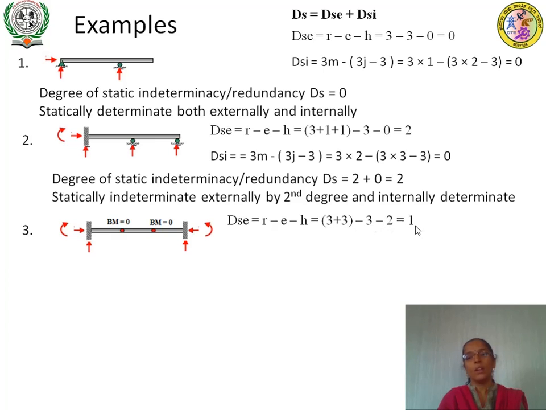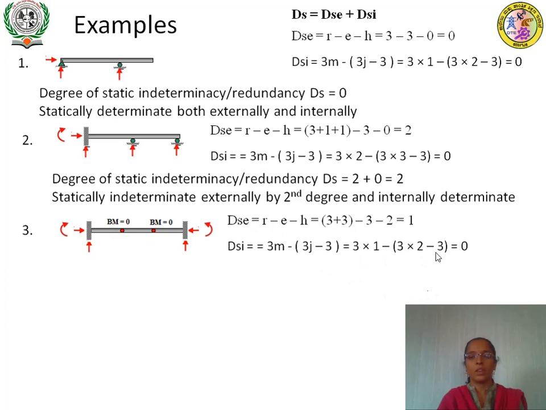minus 2, 1. So external indeterminacy is 1. And internal indeterminacy is 3m minus 3j minus 3. The number of members: it's a single member, 3 into 1 minus 3 into 2 joints, 1 and 2, 2 joints, minus 3.